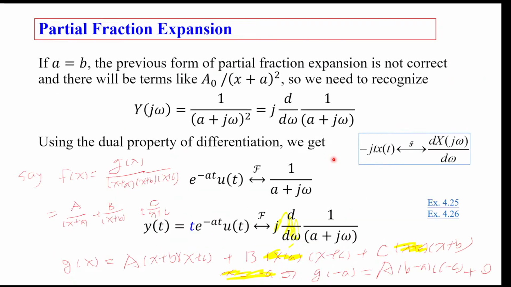Here we also have the writing of some other strategies to do partial fraction expansion, but I think it's okay. You can try to read it yourself. But anyway, this is the Fourier transform of any rational function.